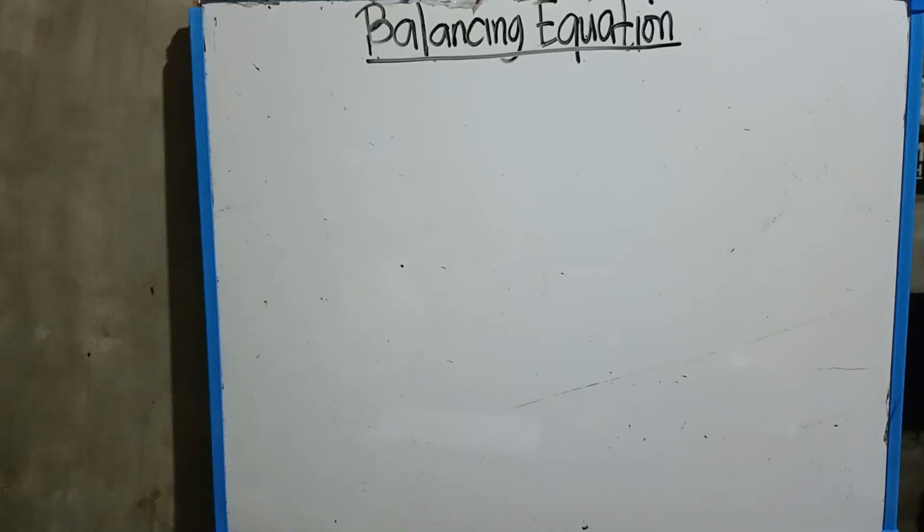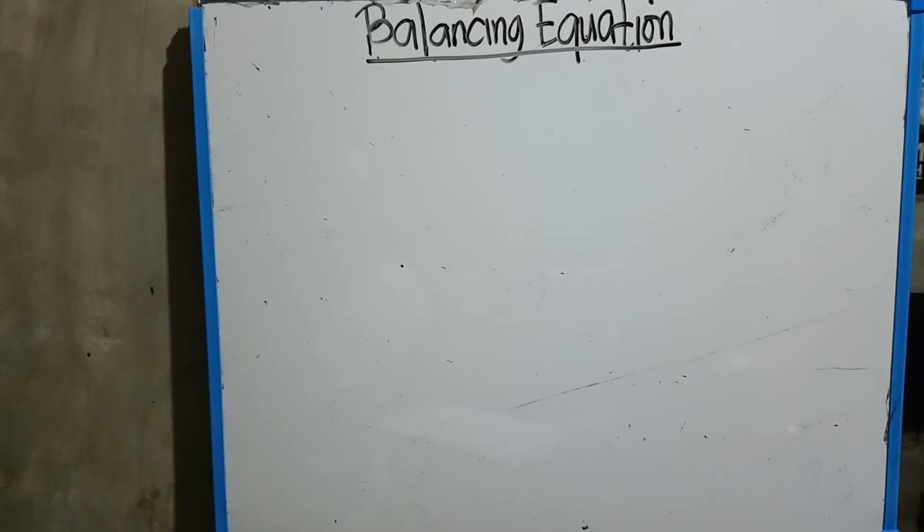So for our last topic for this first quarter, we have balancing equations, chemical reactions and chemical equations. A chemical reaction is the process in which a substance or substances is changed into one or more new substances.